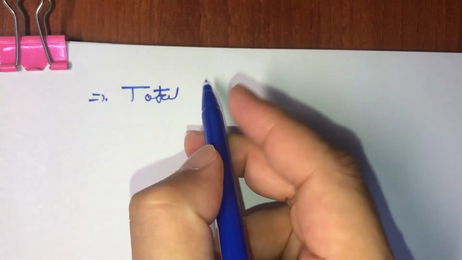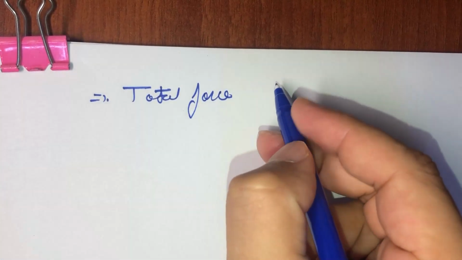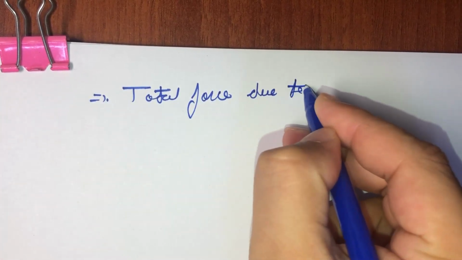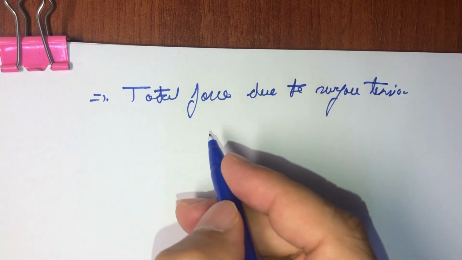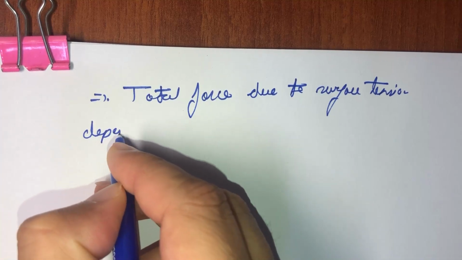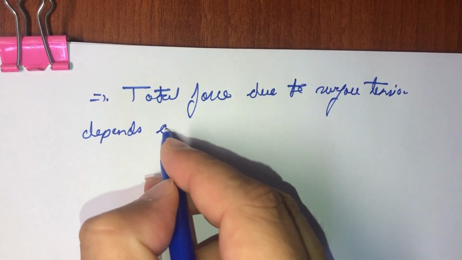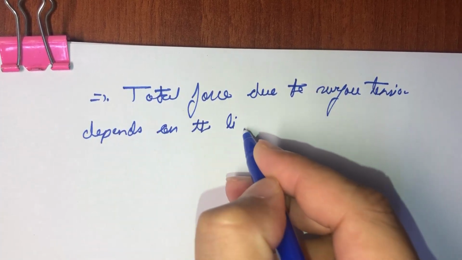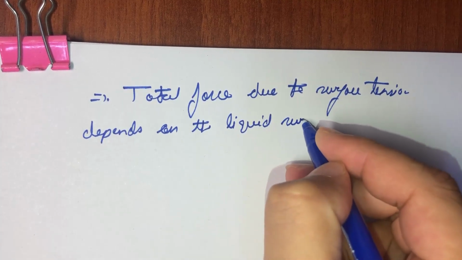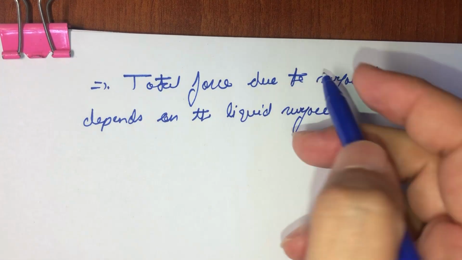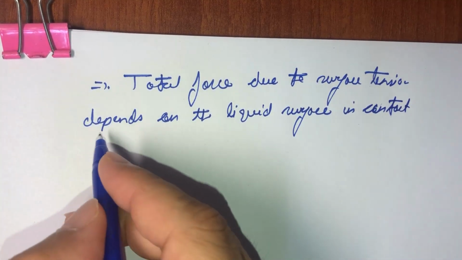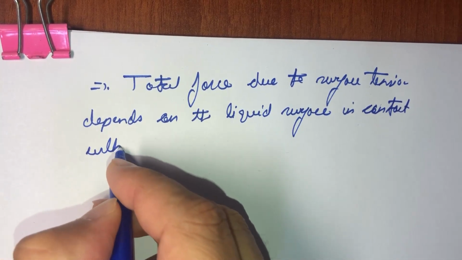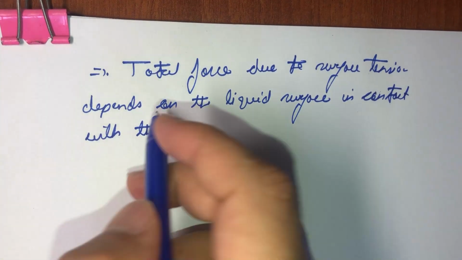So you can say from here, total force due to surface tension depends on the liquid surface in contact with the boundary of the beaker.